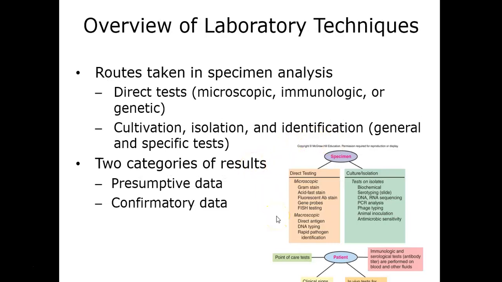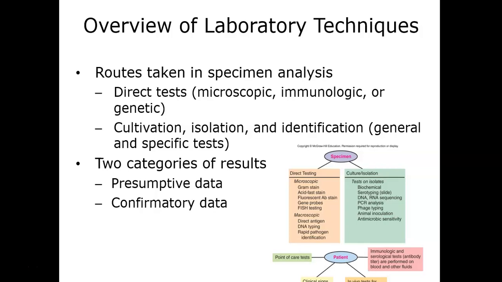So, what are some of the different laboratory techniques that we are going to utilize once a sample is collected? Well, first of all, we're talking most times about direct tests, and direct testing includes things like the microscopic staining, which we'll talk about, microscopy, and then the macroscopic, which is a lot of tests that we can actually see with the naked eye.